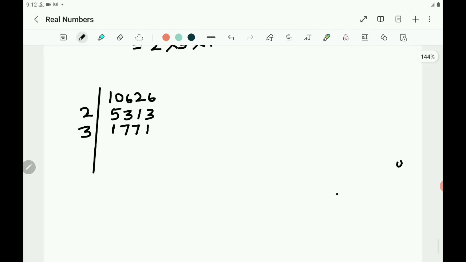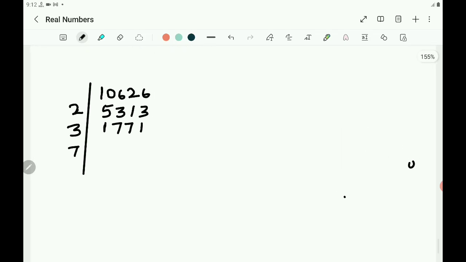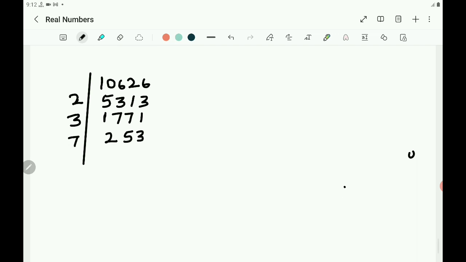Next you take 7. Take 17. Now 7 2s are 14. 3 is remaining. 7 5s are 35. Again 2 is remaining. 7 3s are 21. Then you try it by 7. Again 253 is there.